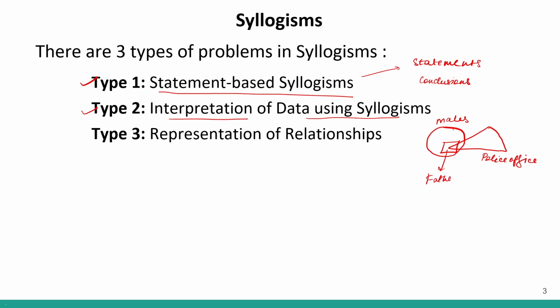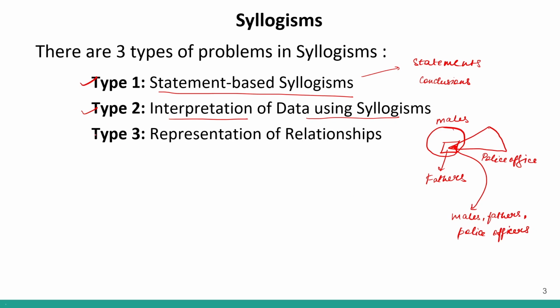So if I have to tell which area will represent the data that males who are fathers and are also police officers, we have to look at an area which has the circle, the square and the triangle. So this area will be the area in which there would be males that are fathers and that are also police officers, correct? So these kind of questions come in your interpretation of data using syllogisms.